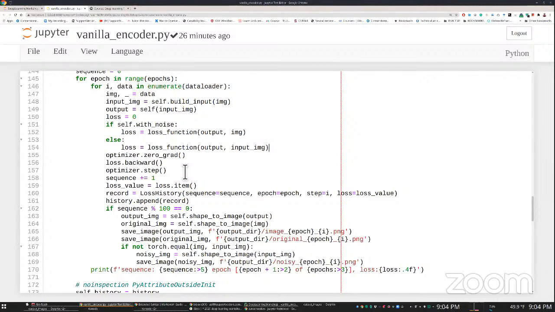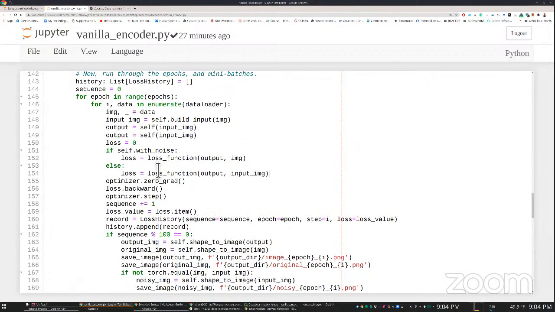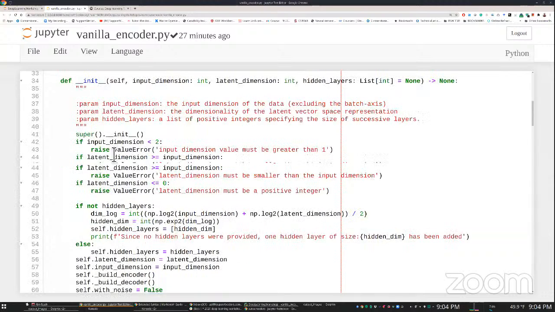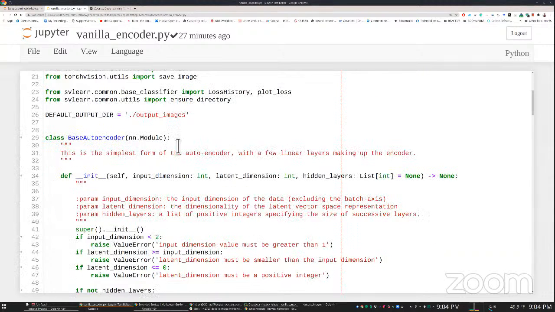In Python, a function is an object in itself. So if your entire class is also a function, now how do we know that it is a function? That comes from the fact that, look at this line, line 29. A base autoencoder takes nn.Module as input, as a superclass.